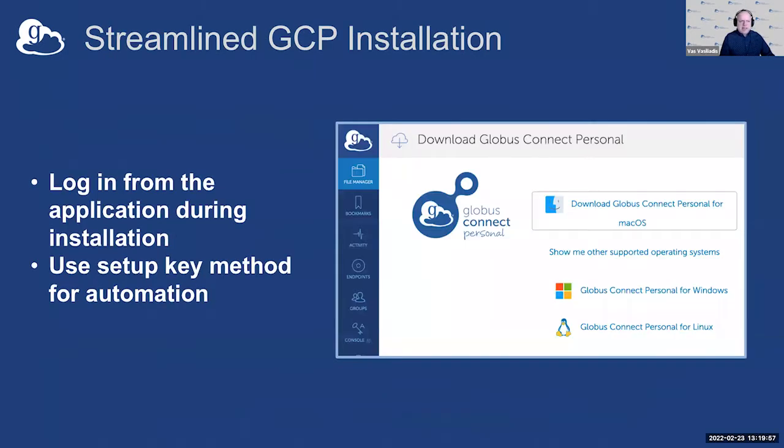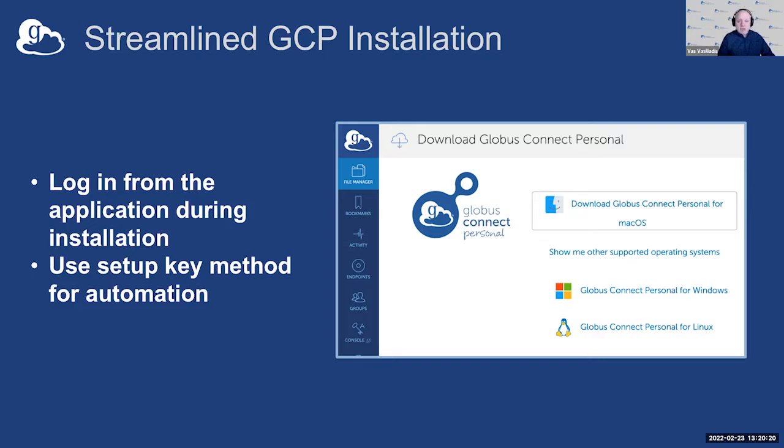And last but not least, we also changed the way Globus Connect Personal is installed. So now there's actually a more direct way to do the installation without requiring a setup key. You can just log in to Globus in the course of installing the Globus Connect Personal software on your laptop, and it'll set everything up.